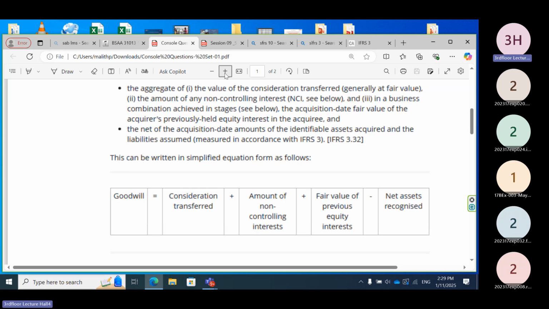So it's important to get the previously acquired, previously identified equity interest, right? And then minus the subsidiary.